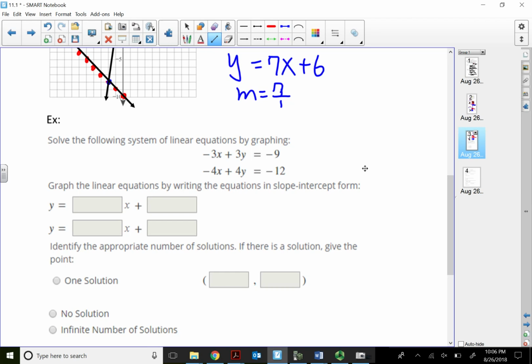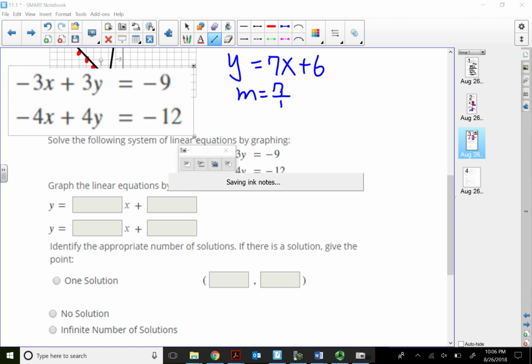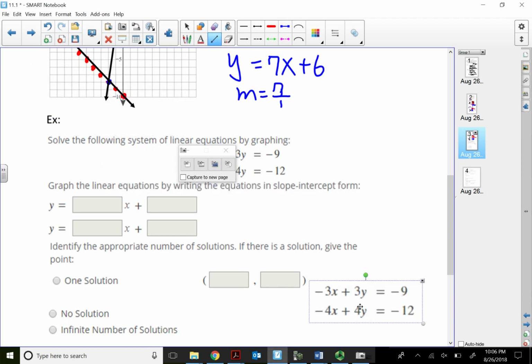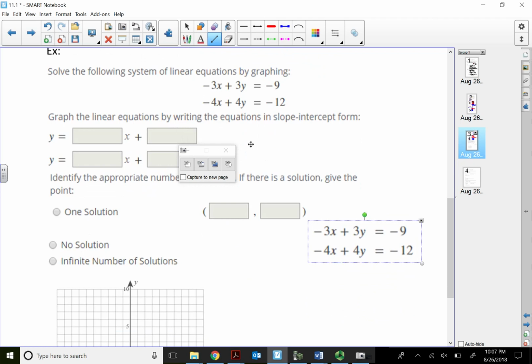Okay, so now this one, I think here we go. I can almost see it. I will show it to you. So you see the first equation, or the first line, every term is divisible by 3.